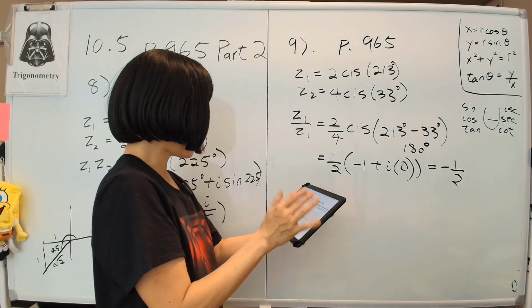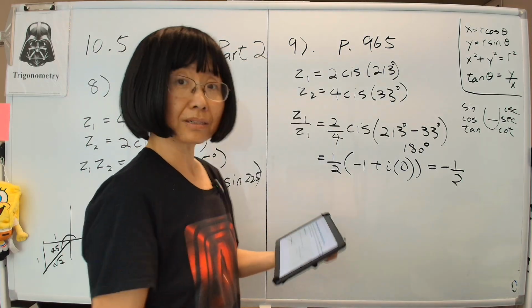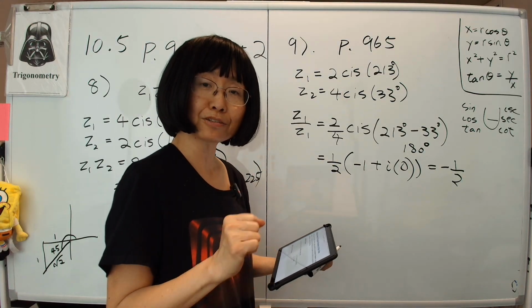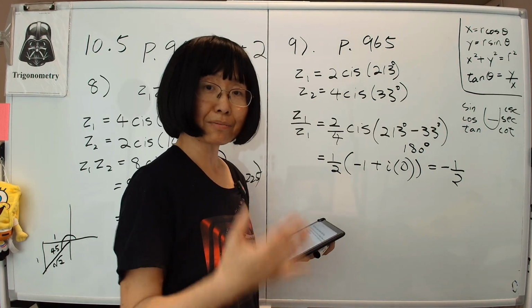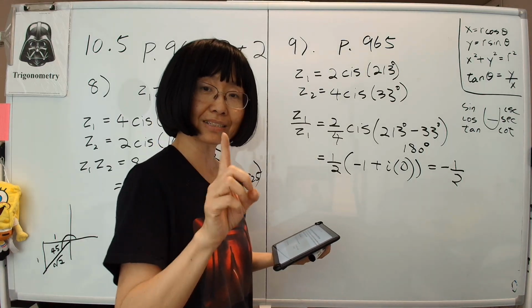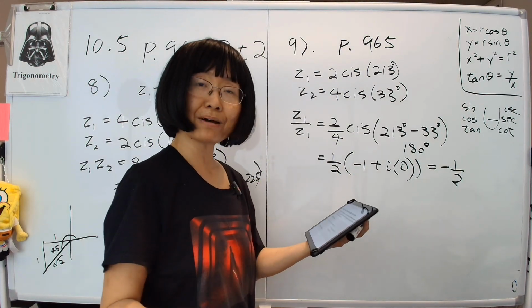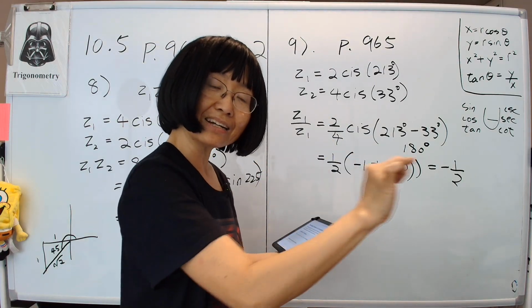The next part: we're going to take the power of a complex number. A power just means the same as all other powers, that is, it multiplies itself so many times. If z is to the power of 3, that means there are 3 of them multiplied together: z times z times z. And if it's the 100th power, then you have z times z, and do that 100 times.